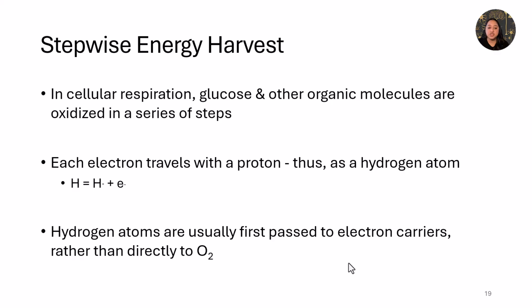So for every electron that you picture moving, also picture a hydrogen atom moving. Anytime you think of an electron moving, there's also a proton or hydrogen ion moving, and together you could think of a hydrogen atom. Great chemistry, honestly.